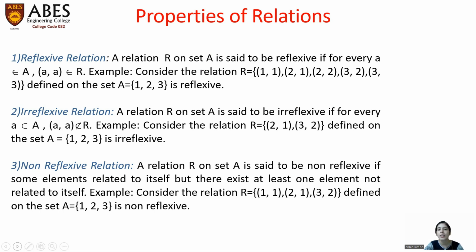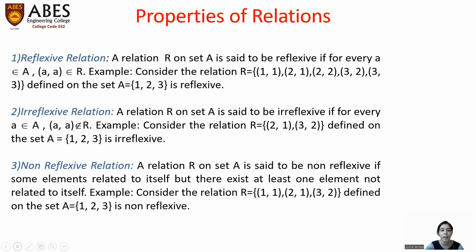Here we can see that for every element a which belongs to the set A, the ordered pair (a, a) is in the relation: (1,1) is in the relation, (2,2) is in the relation, and (3,3) is also in the relation. That's why this relation is said to be reflexive.